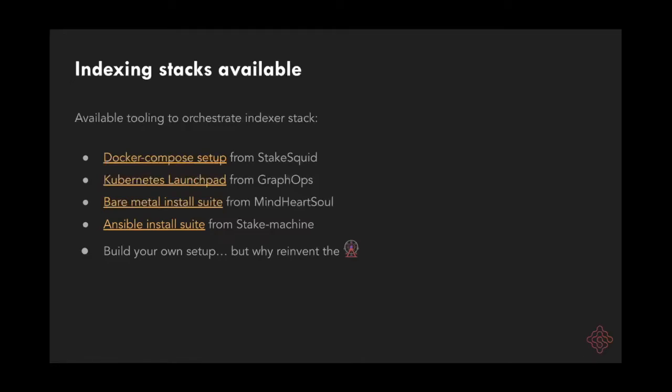Last week, we had the Kubernetes Launchpad from GraphOps, where Anna walked us through that particular setup. And so we just want to highlight all the different ways that you can set up an indexer. And I've obviously linked all of them here, so you can check them out. Thank you, Payne. And with that, I'll let you run into the workshop.